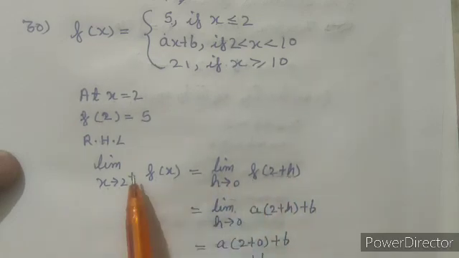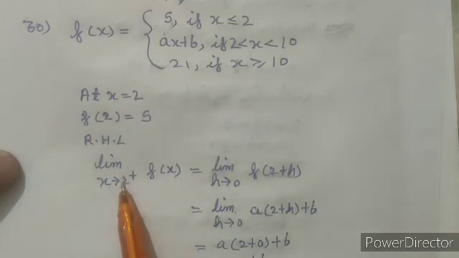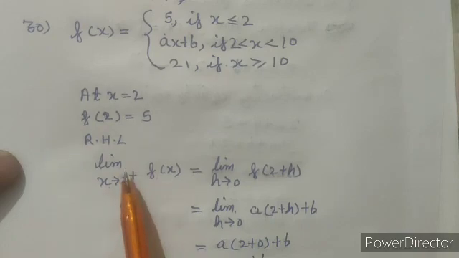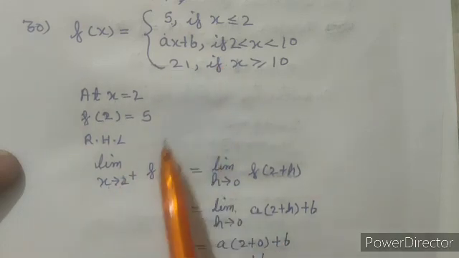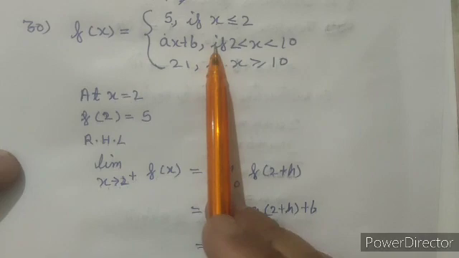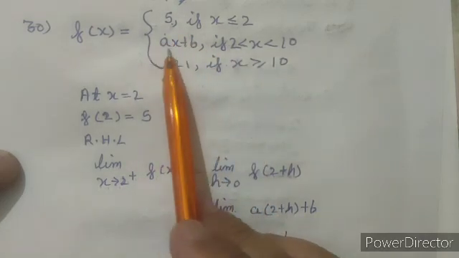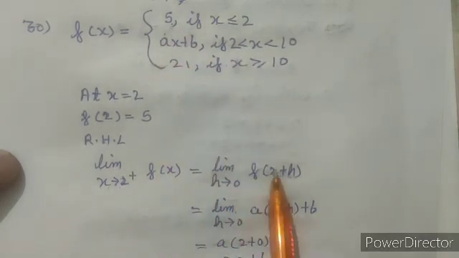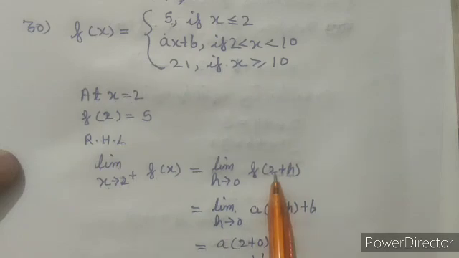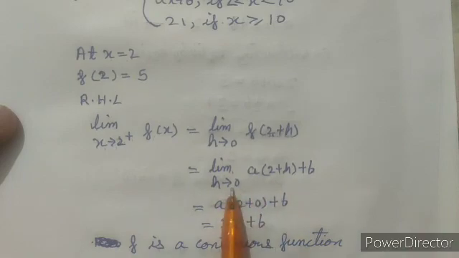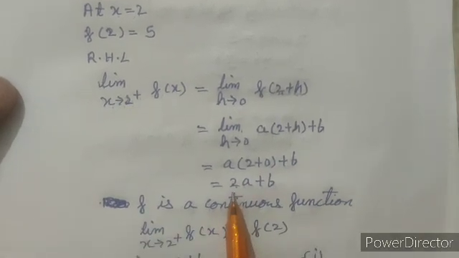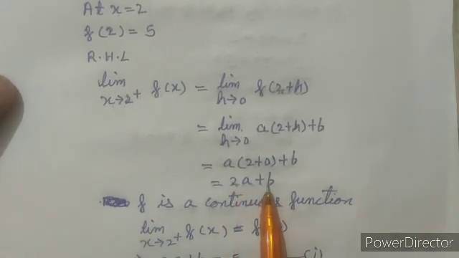Now as we know that here we are taking the right hand limit at x equal to 2, or you can say this 2 plus will be greater than 2, so we will take the value of the function as ax plus b, and in place of x we will take 2 plus h, and on taking the value of h as 0, we are getting the right hand limit at x equal to 2 as 2a plus b.